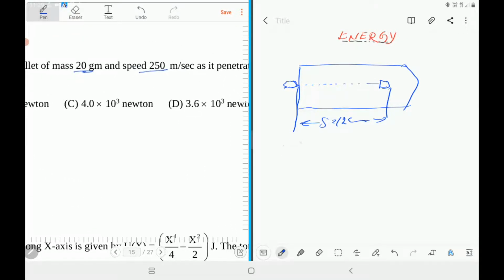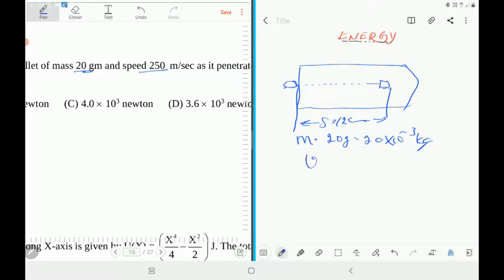The mass is given, m is 20 gram, that is 20 times 10 power minus 3 kg. And the initial speed is 250 meter per second. Initial velocity u is 250. Final velocity is 0.